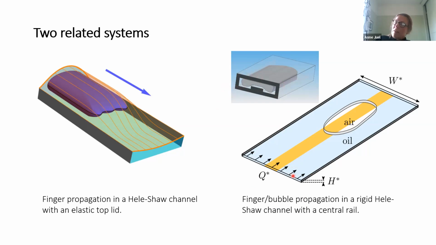We're going to perturb its confinement by adding a small rail, and the rail height is on the order of a percent, actually 2% of the total depth of the channel. So it's a very, very small protrusion down the center line of the channel, as indicated by this orange line.